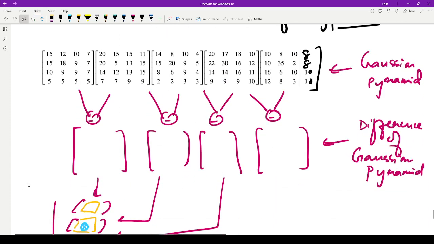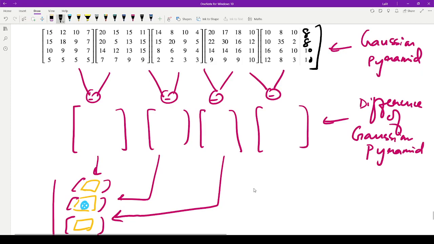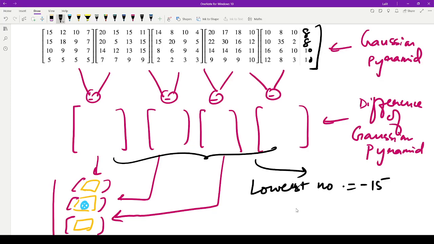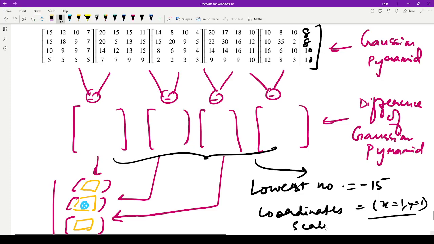I computed these values. The lowest number will turn out to be 15 among all these cases, and the coordinates will turn out to be x equals 1, y equals 1, with scale as 2. Here this is scale 1, this is scale 2, this is scale 3, and this is scale 4.